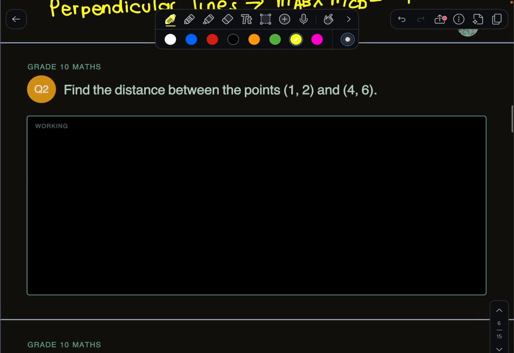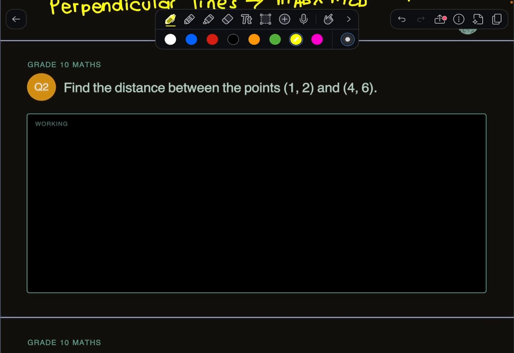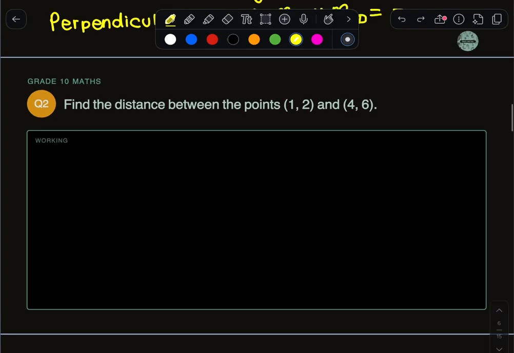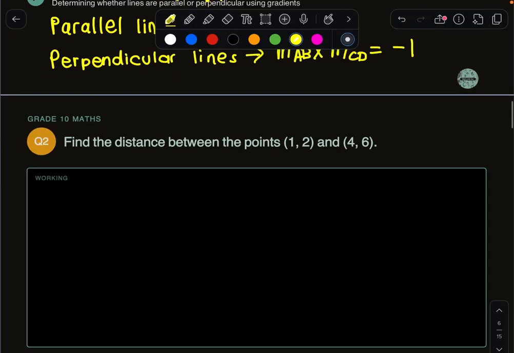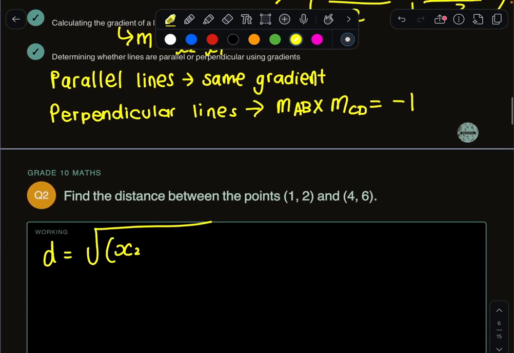As an example of a question in this section, find the distance between the points 1, 2, and 4, 6. So like I said, you can see they give us no formulas here. We have to know the formula straight away. The distance formula, as we know, is the square root of x2 minus x1 squared add y2 minus y1 squared.